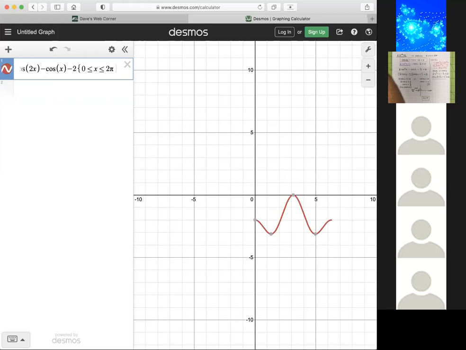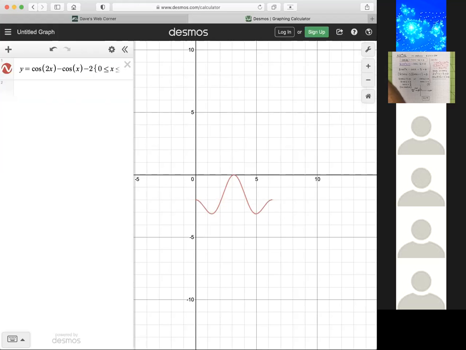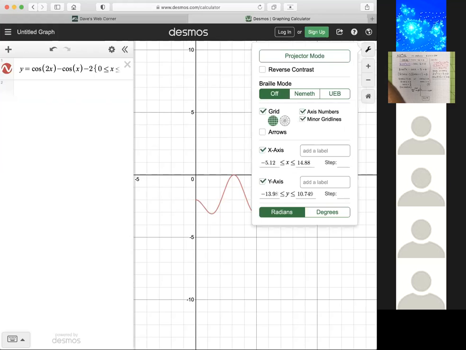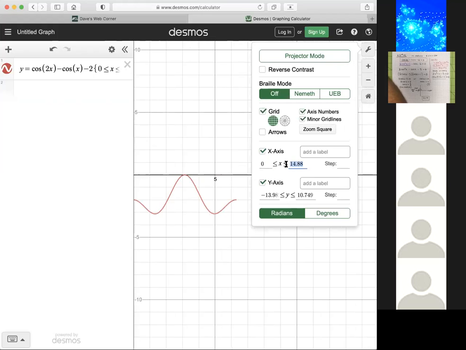Just type pi as lowercase p, lowercase i. Okay, here's my graph. Feeling better. Let's get the scale right. I'm in radians, good. X-axis, let's just go from 0 to 2 pi.